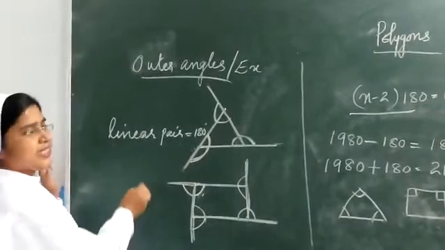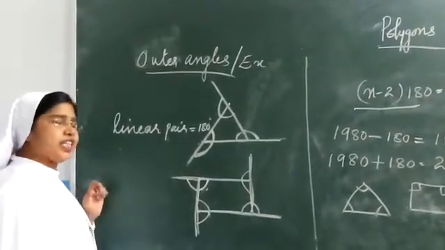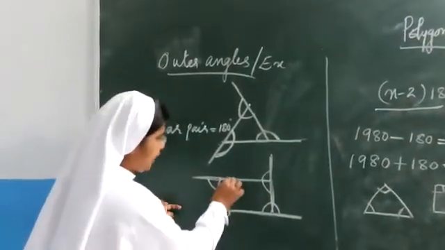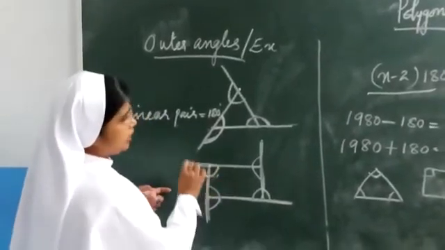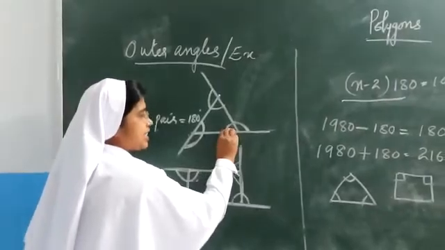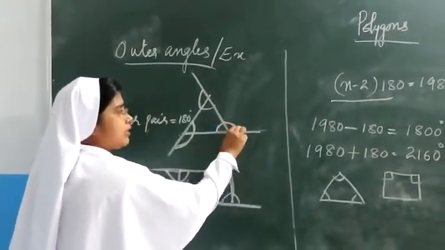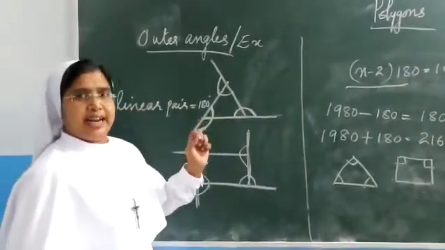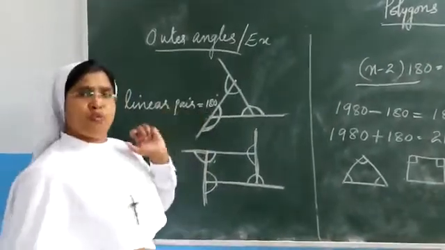Yes, we have learned the sum of the linear pair is equal to 180 degrees. In any case, you can look here. The sum of the linear pair, that is the external angle plus the inside angle, is equal to 180 degrees.